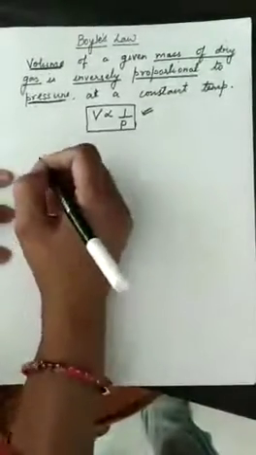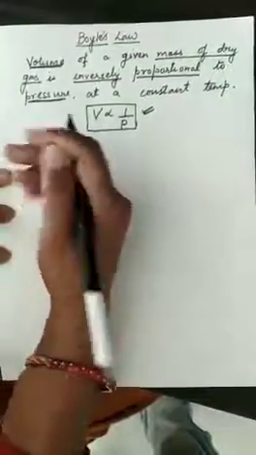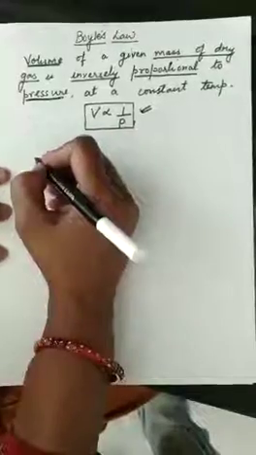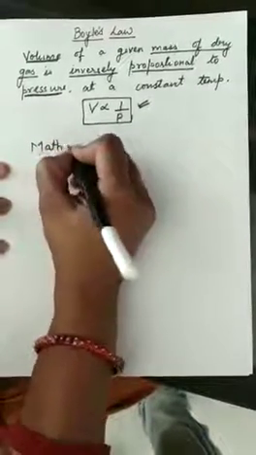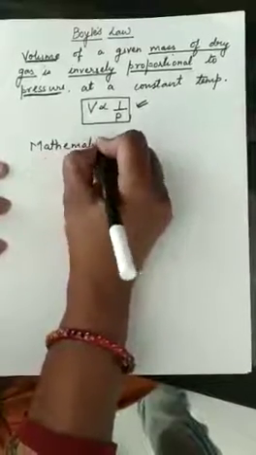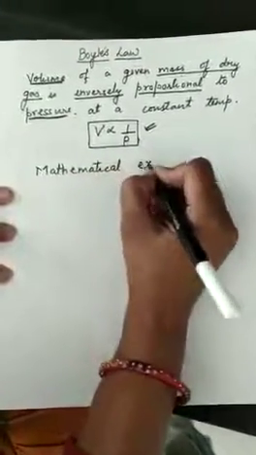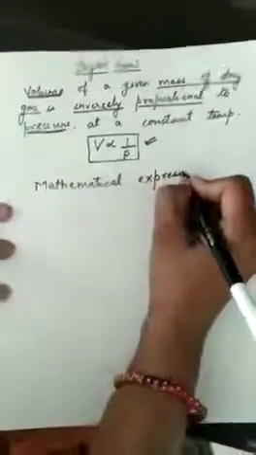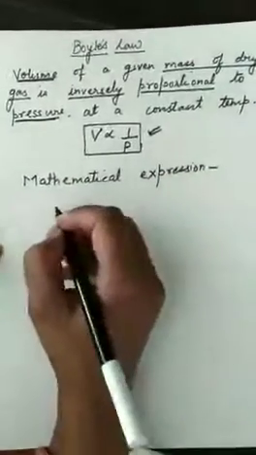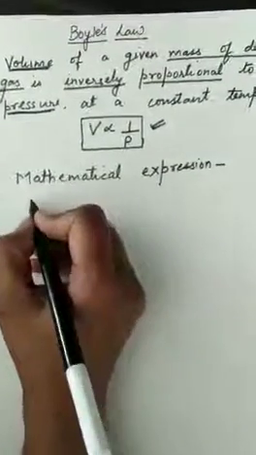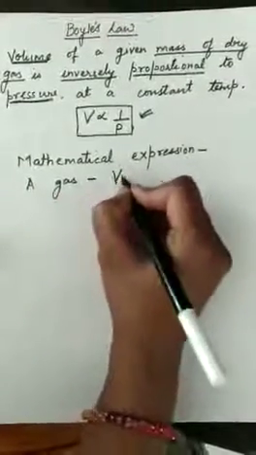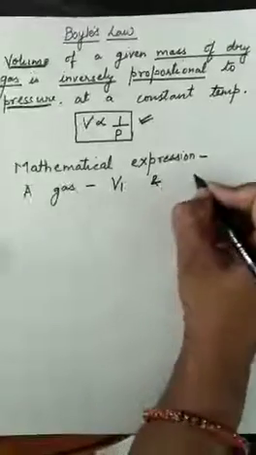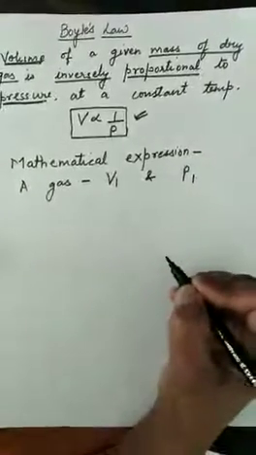Now if we come to how we write the formula for this gas, or we can say the mathematical expression of this law, it can be given as follows. Let us take a gas having volume V1 and pressure P1.